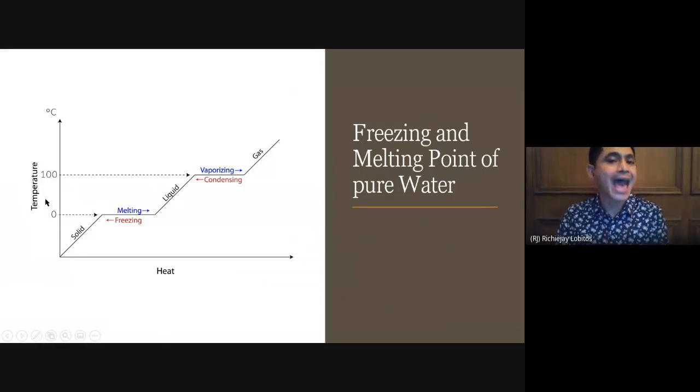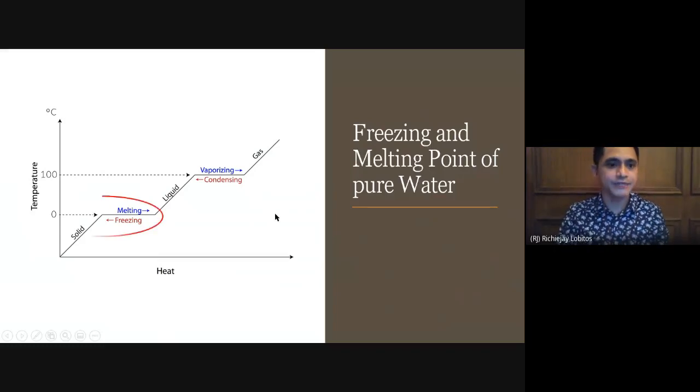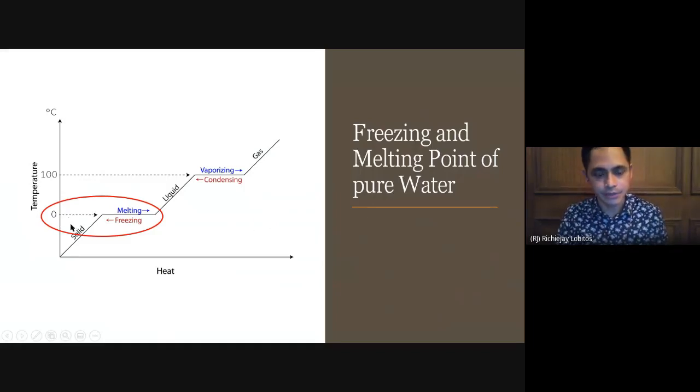And as that happens, the state of matter also changes. Now you can see in here 0 degrees Celsius to 100 degrees Celsius. Now this part here, we're going to learn on the next lesson, the next video, the next coming week. Now today, let's focus on the freezing point and the melting point, which is 0 degrees Celsius.